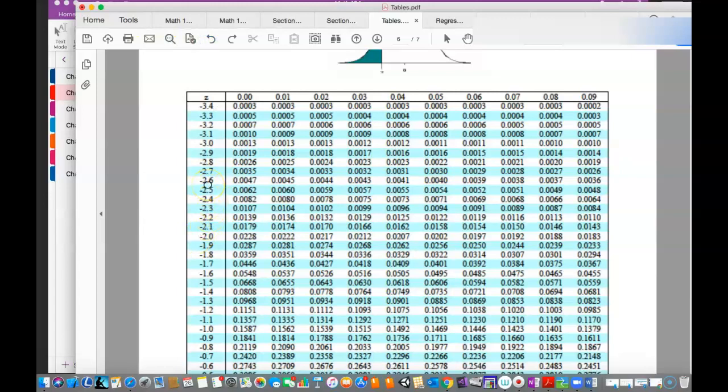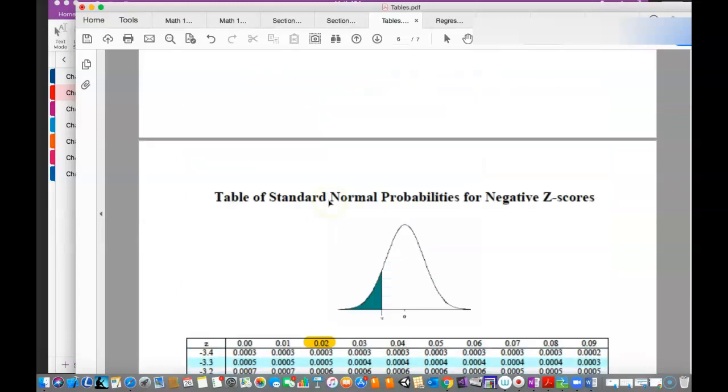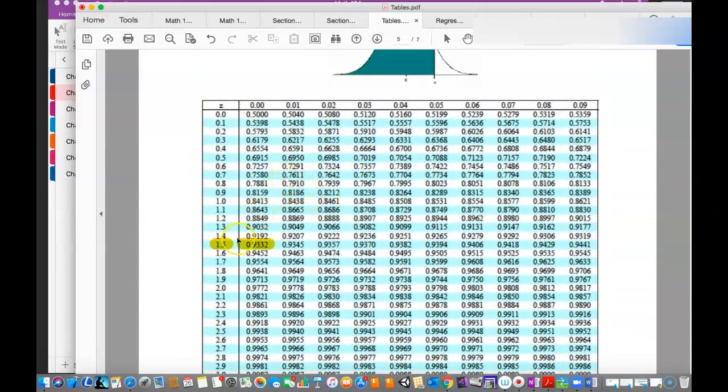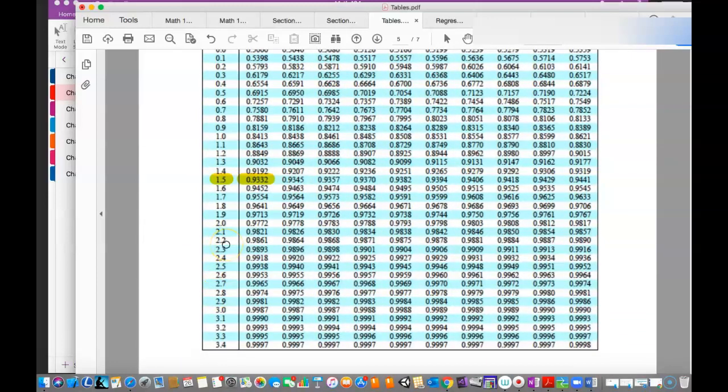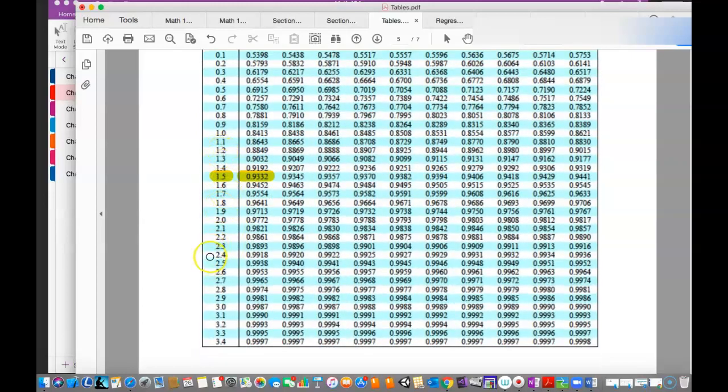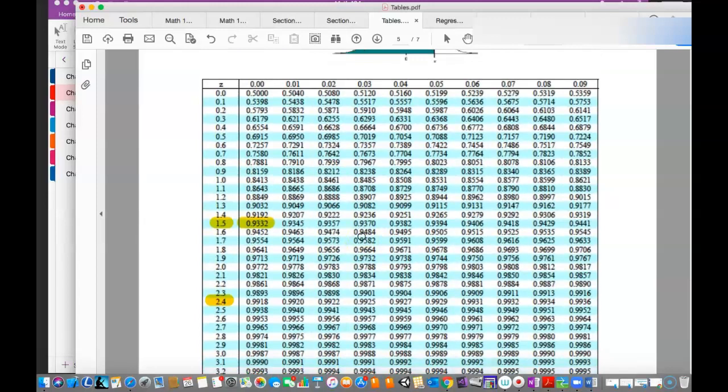First negative 2.42, here we have 0.0078. And the other one is positive 2.42, so the area is 0.9922.